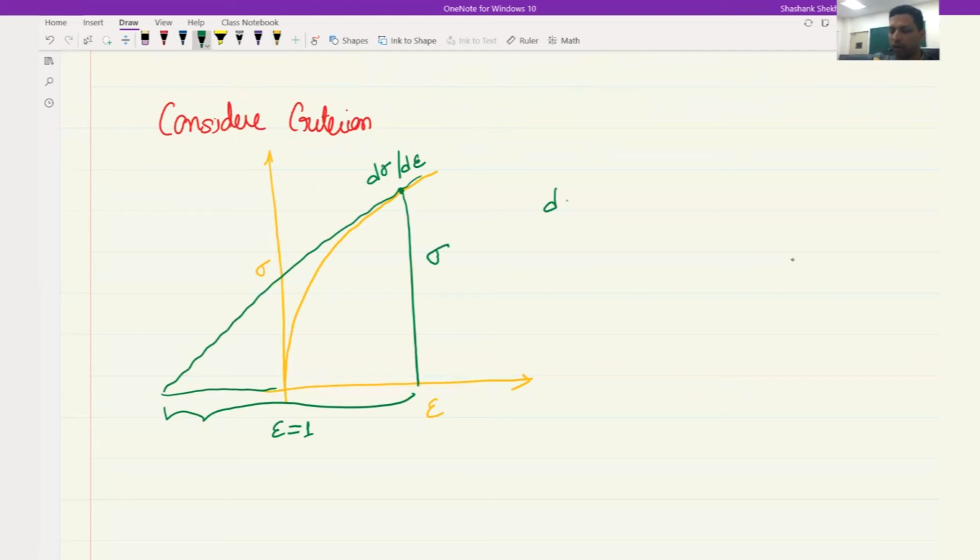So we know that d sigma by d epsilon is equal to sigma by 1. So this is the geometric representation of what we have understood. And up to this point, epsilon bar will be equal to n.